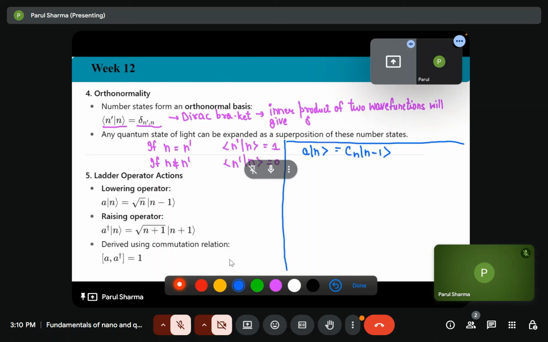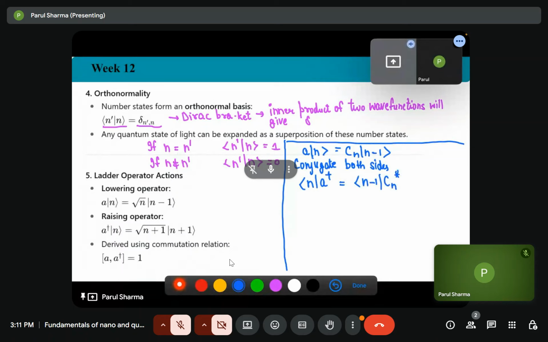So now we will take the conjugate of both sides. So the ket will convert into the bra, A will convert into A dagger, and Cn into Cn star.